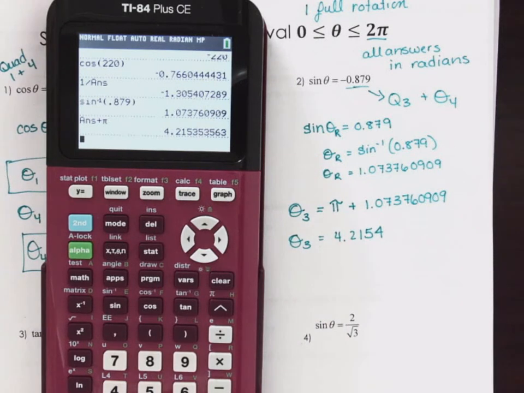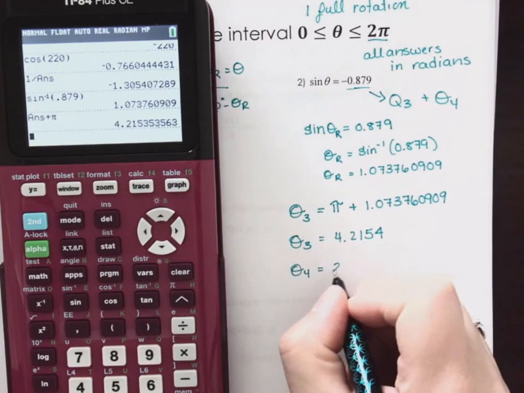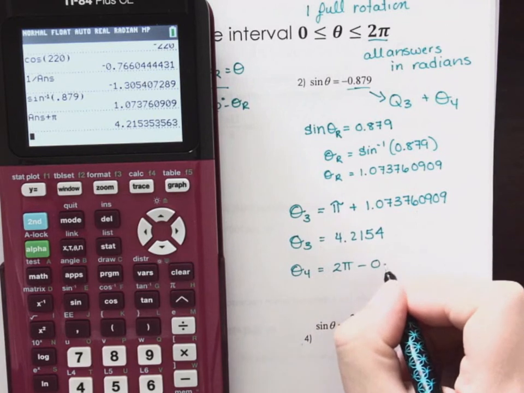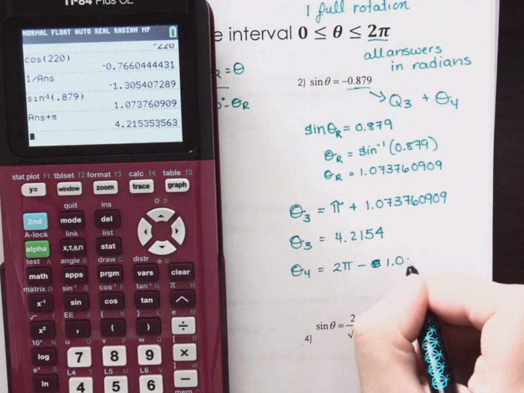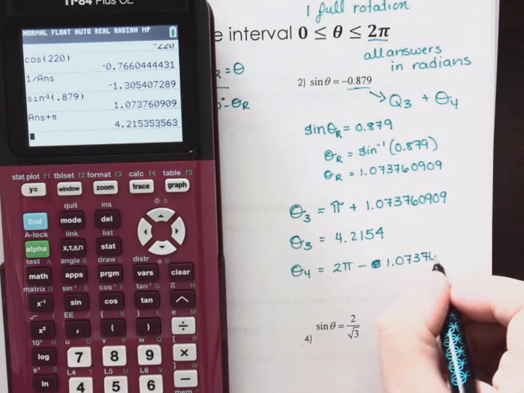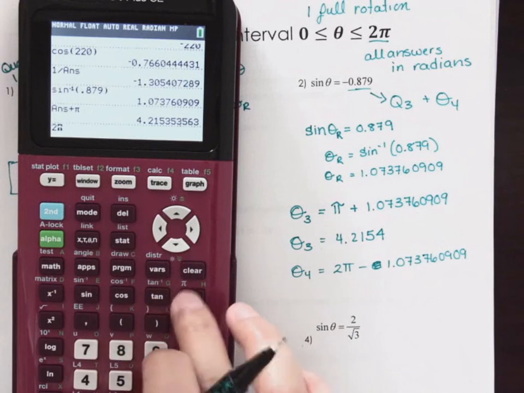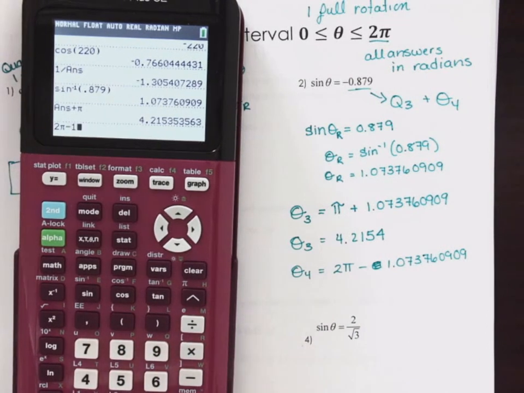No units of measure because I'm in radians. Oh, it's so tempting to put that degree symbol there. And now we're going to do quadrant 4. So that's 2 pi minus 1.0736760909.